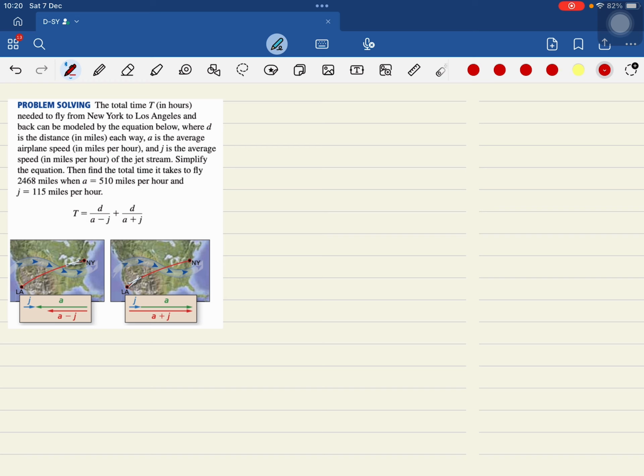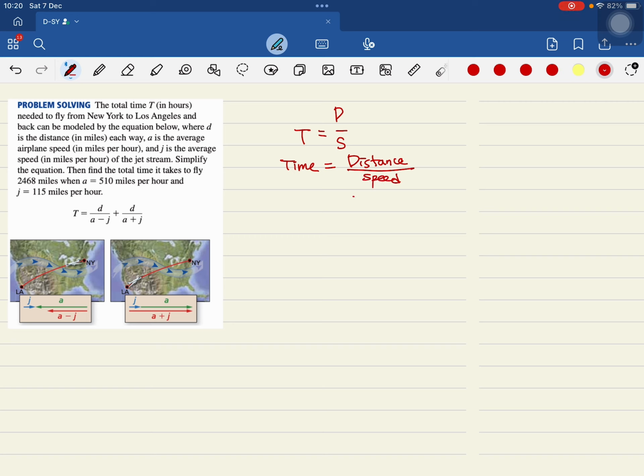Before we go further, you need to remember the formula of D, T, S. For me, this is like BTS, so this is DTS. We need to remember that. Time equals distance over speed.